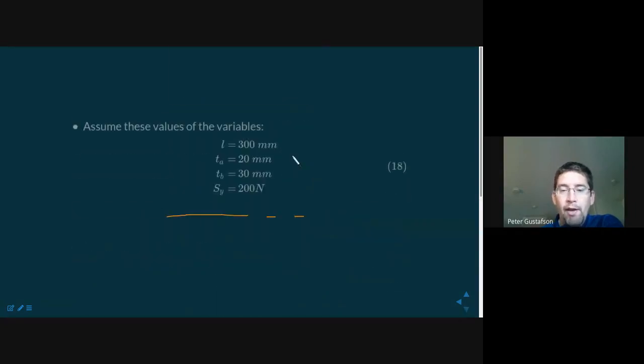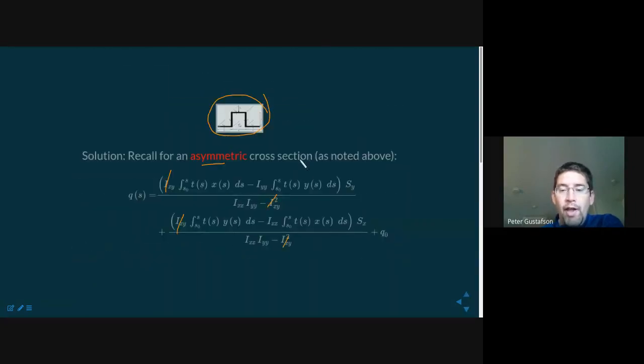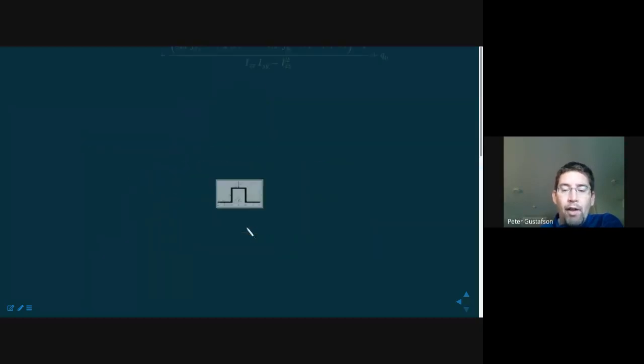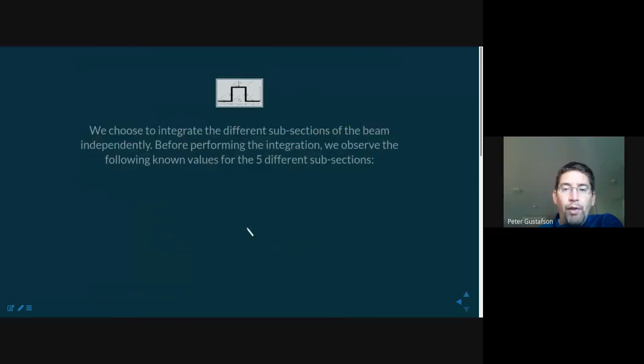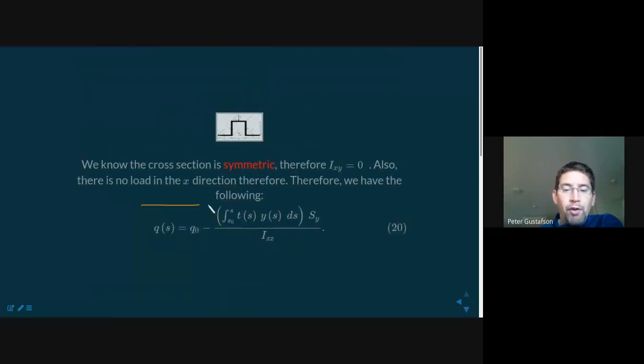When that goes away, then this goes away, which actually wipes out everything here. Boom, that whole thing goes away. The Q has not gone away, it's still there. So when we get rid of the SX and we get rid of the IXY, a lot of stuff goes away, and we end up with this relatively simple equation by comparison.